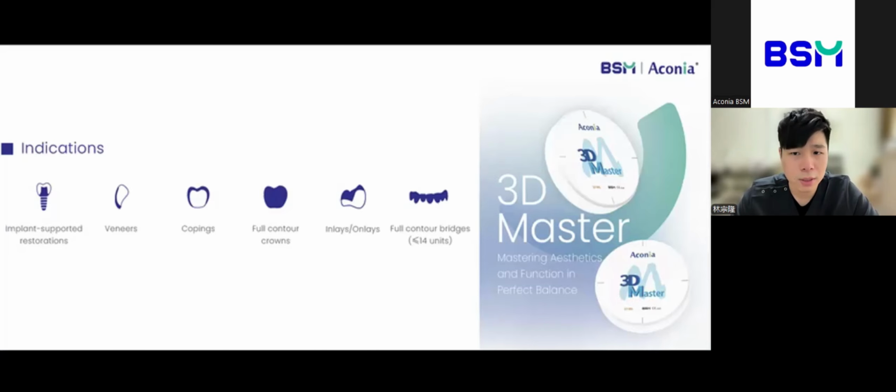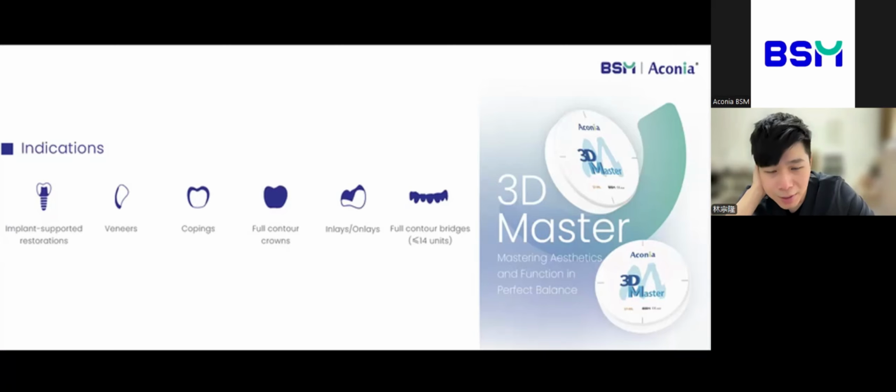Personally, the zirconia I use is always the 3D Master. With the latest update, both strength and translucency have been improved. They also enhanced areas where the translucency gradient wasn't as strong before, which makes it much better for anterior cases. And of course, Bismile has many different types of zirconia, but for me, 3D Master is still my first option. Why?